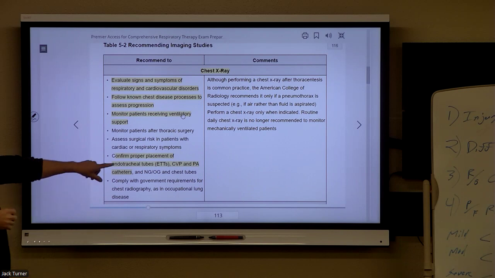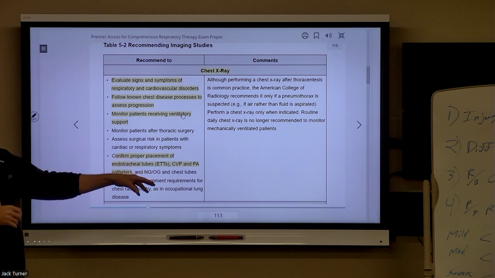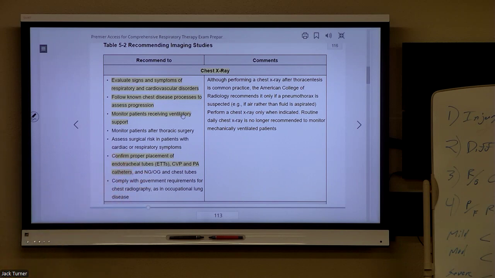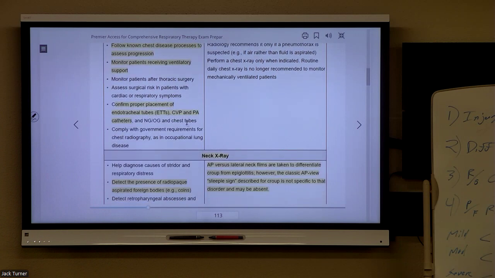Of course, we also use it to confirm placement of ET tubes. We also use it to confirm lines, including your CVP and your pulmonary artery catheter. And then they also use x-rays to look for NG and OG tube placement as well, but that's not so much a chest x-ray as it is a chest abdominal. So that's when you'd get your chest x-ray.